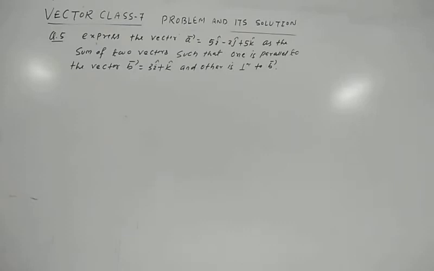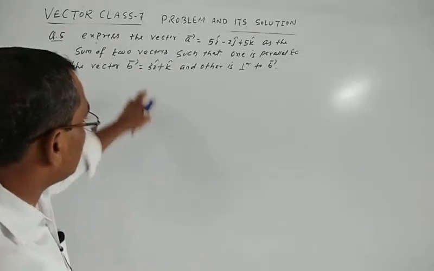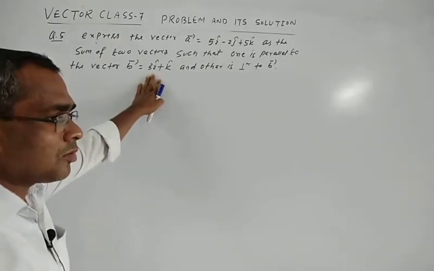Express the vector a bar equal to 5i cap minus 2j cap plus 5k cap as the sum of two vectors such that one vector is parallel to the vector b equal to 3i cap plus k cap and the other is perpendicular to b vector. So what is given? Here a vector is 5i cap minus 2j cap plus 5k cap and b vector is 3i cap plus k cap.